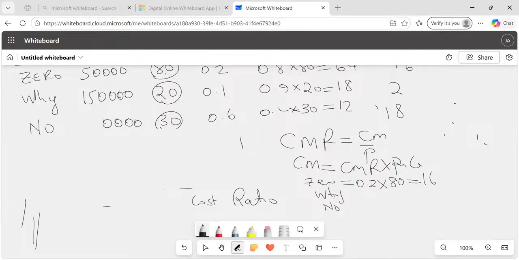And then we have Y, where CMR is 0.1 times the price of 20, which would comfortably give me 2. How about No? In this case, I can see 0.6 times 30, which will end up giving me what there? And you can see we're now getting the same answers.